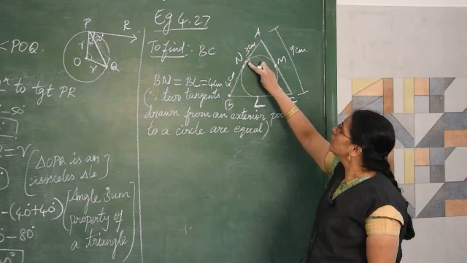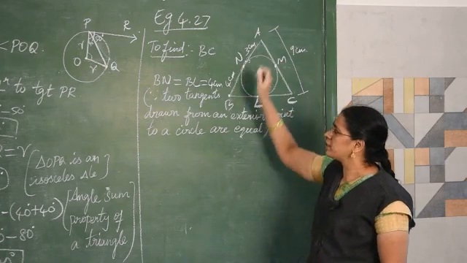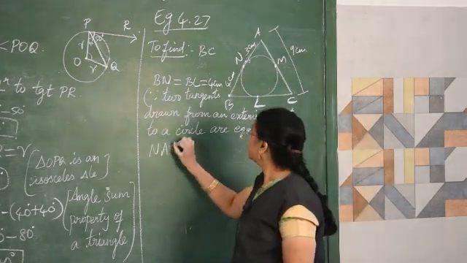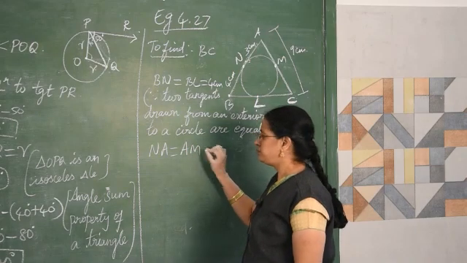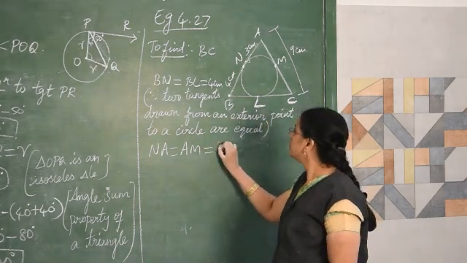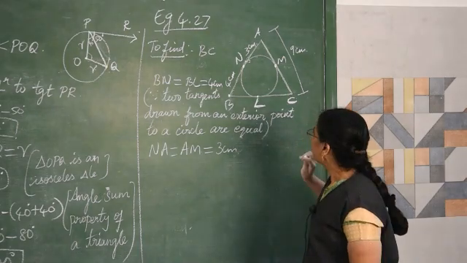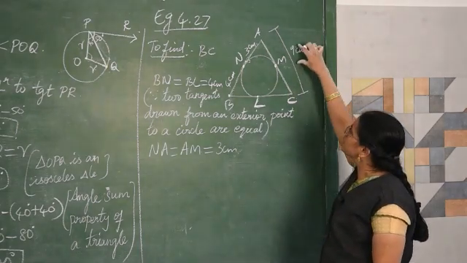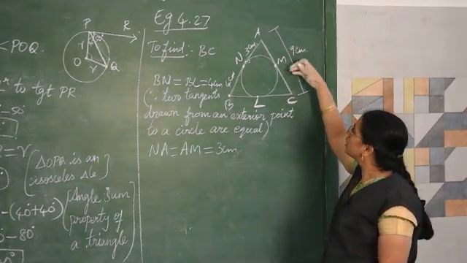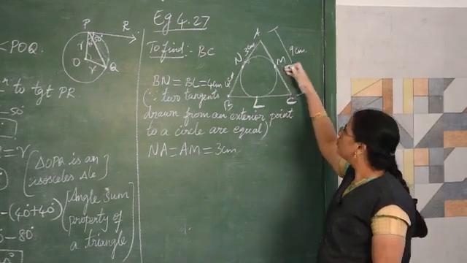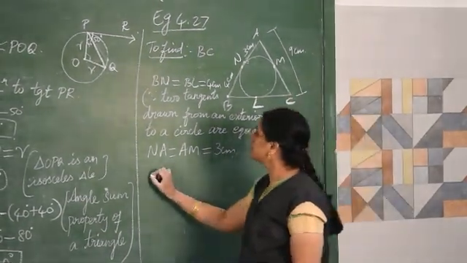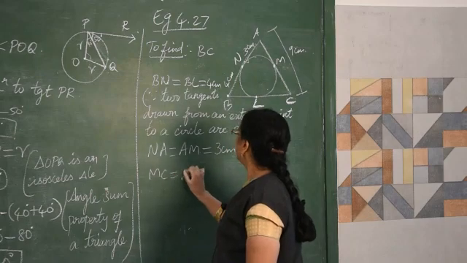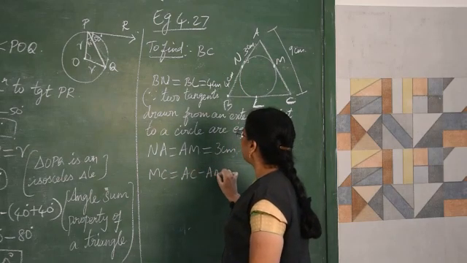Here also you see, N to A 3 centimeter. So, NA equal to AM, which is equal to 3 centimeter. But here the full length of AC is 9. So, what will be the remaining length MC? MC equal to AC minus AM.